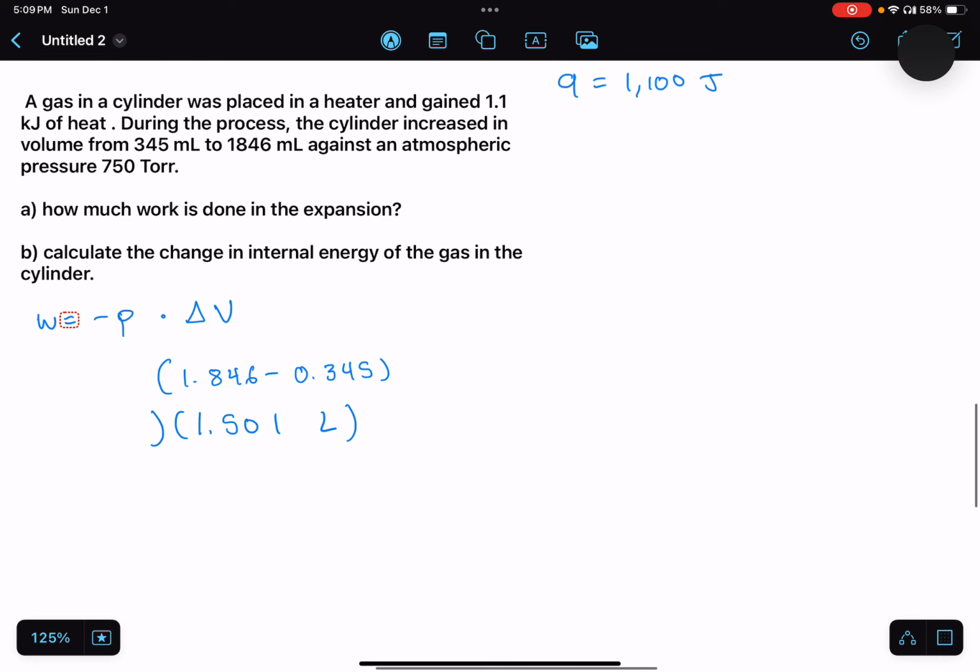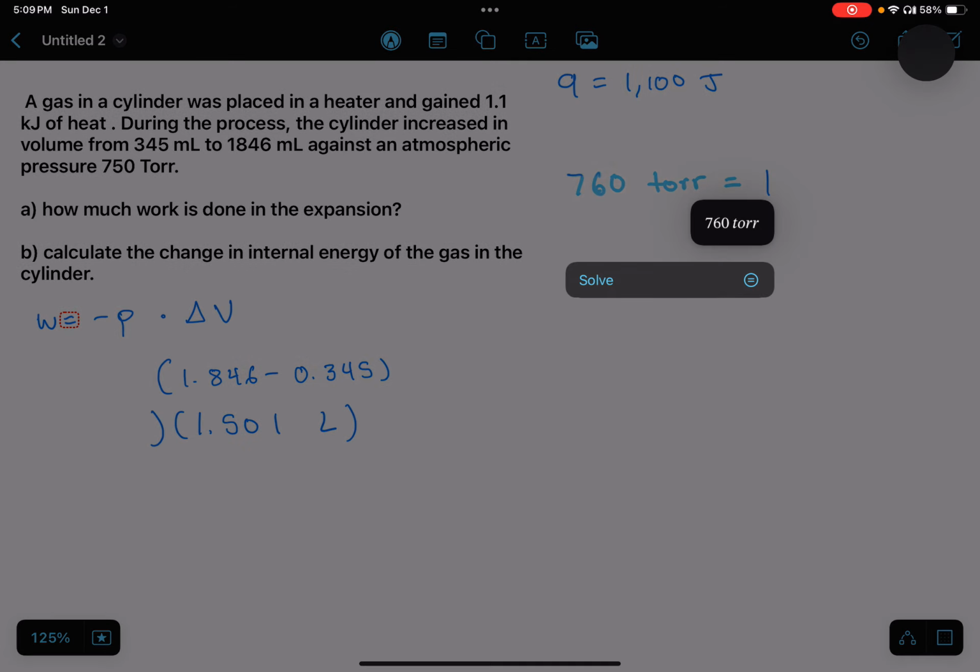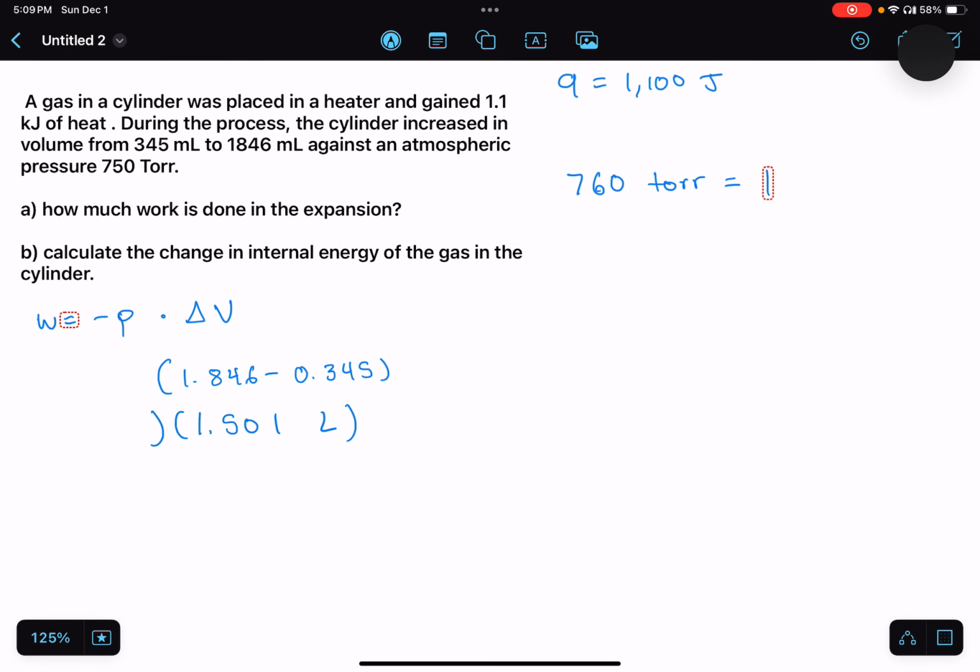But they give us torr. Not to worry though. 760 torr is equal to 1 atmosphere. Which means all we have to do is put 750 over 760 to get our atmospheres.